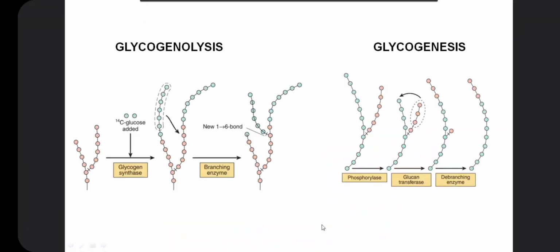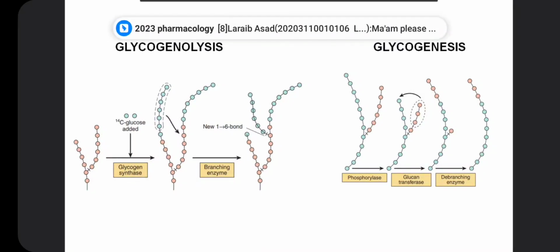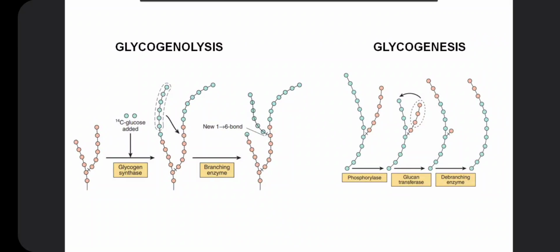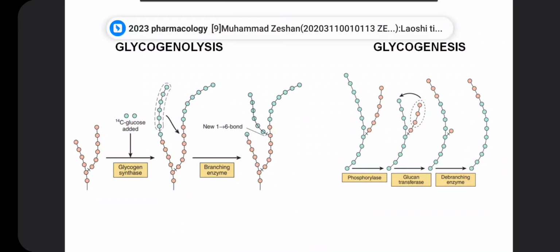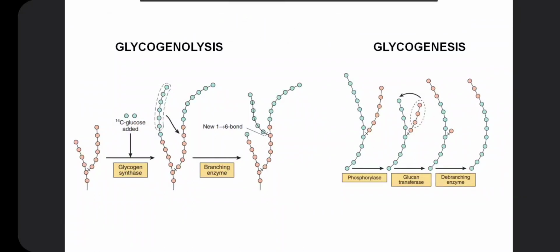Okay. So last, let's summarize glycogenolysis and glycogenesis. In fact, glycogen is the principal storage carbohydrate in our body, mainly in the liver and muscle. But the glycogen in liver and muscle have different functions, right? The main function of glycogen in the liver is to maintain the blood glucose level.